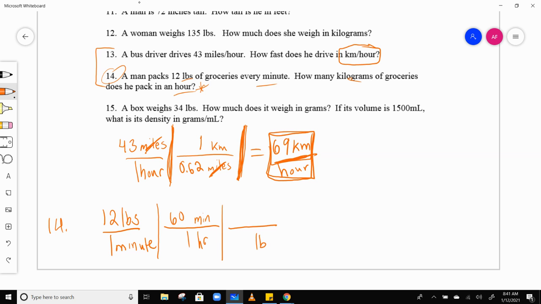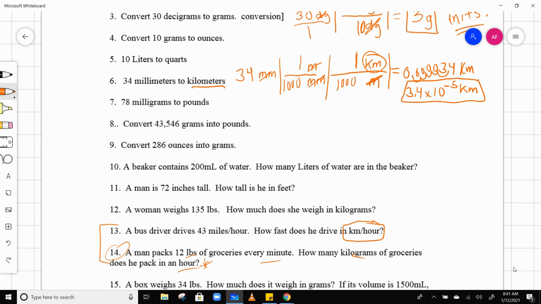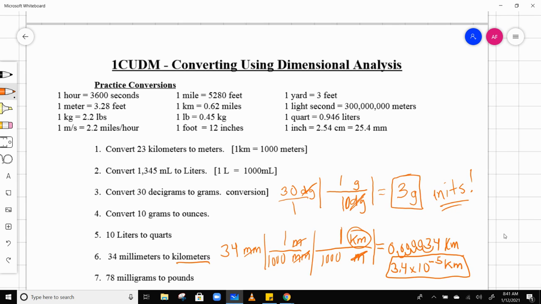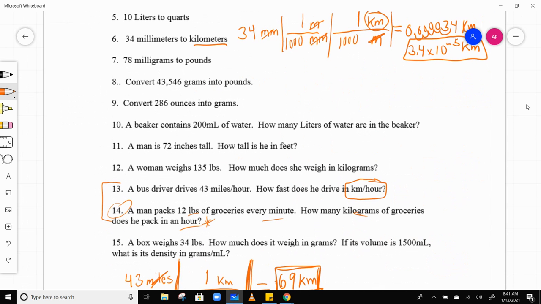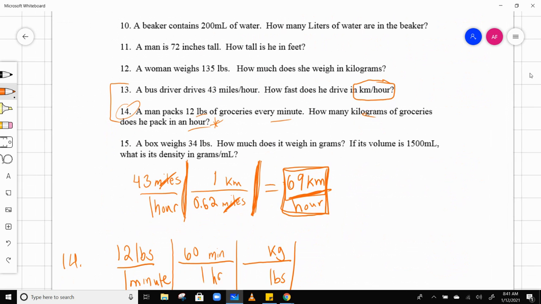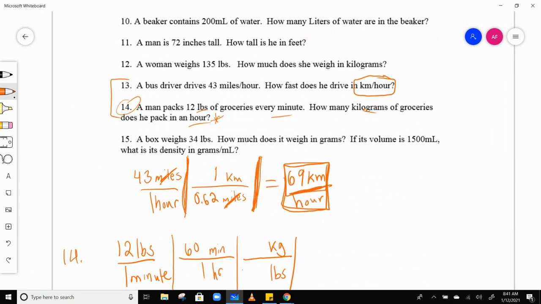So pounds on the bottom, it's opposite, and then we want kilograms up here. I believe it's 2.2 pounds per kilogram, but let's make sure. So 2.2 pounds for every 1 kilogram.